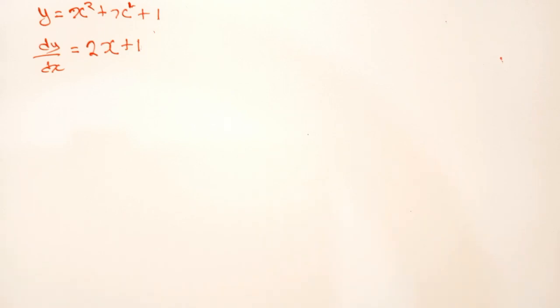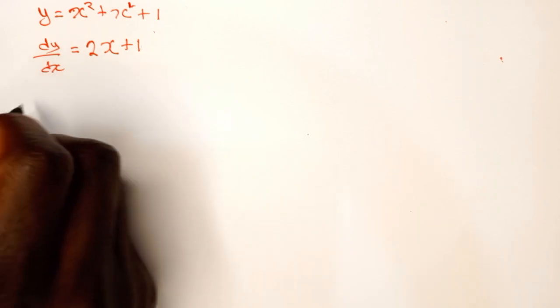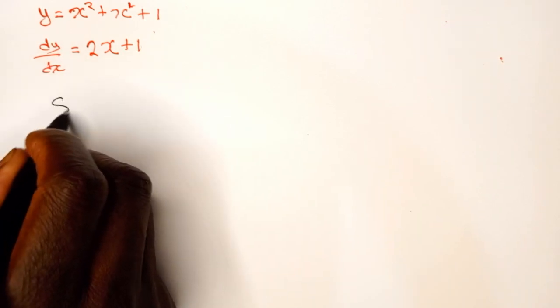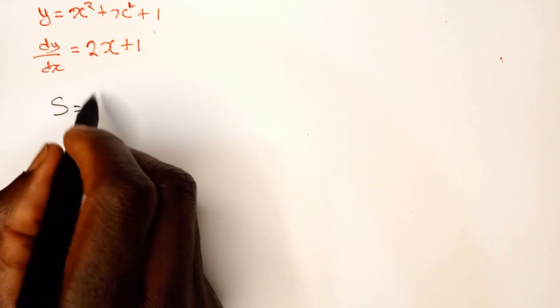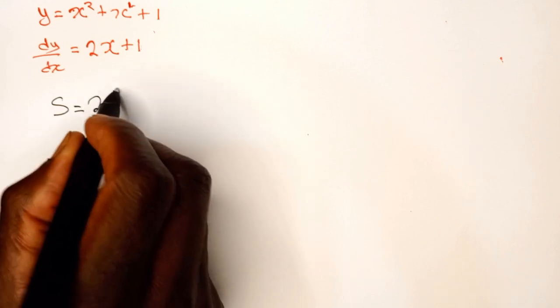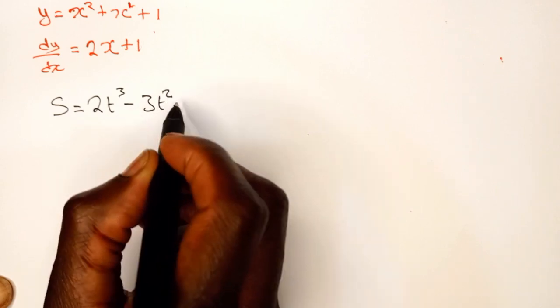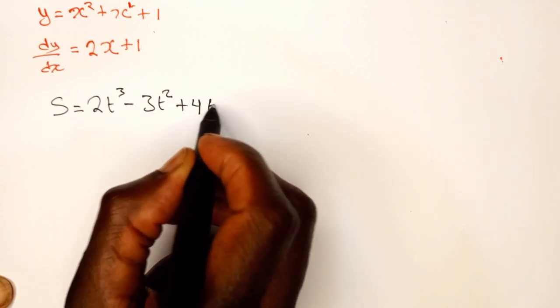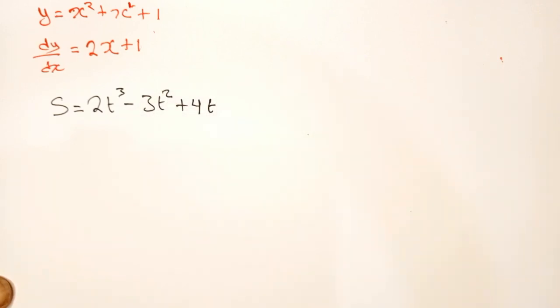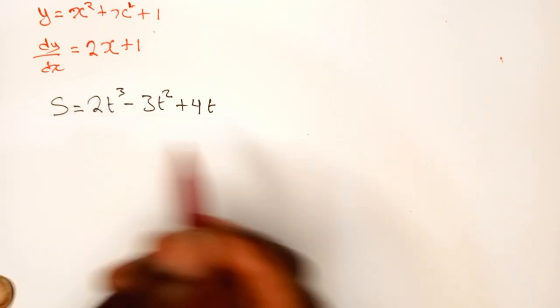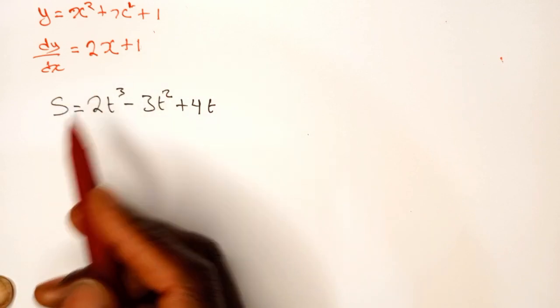Now finally, we can differentiate this one. We are given s is equal to 2t cubed minus 3t squared plus 4t. So this one, we're going to say ds/dt, because we don't have y and x now.